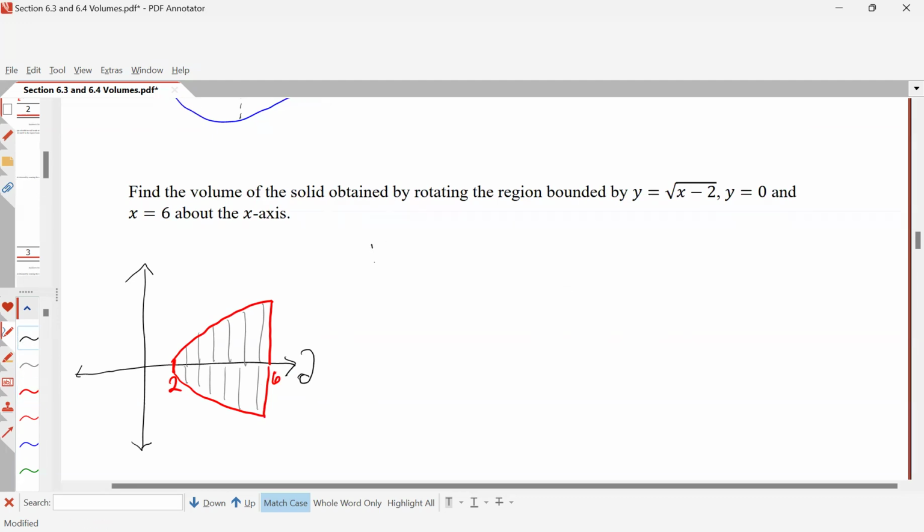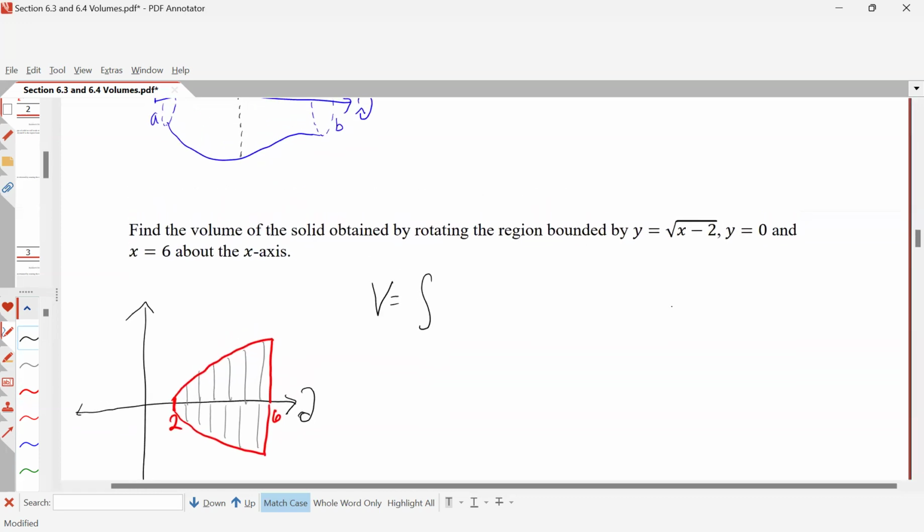Using our formula, the volume is equal to the integral of that function, pi times that function, square root of x minus 2 squared, from where our function started at 2 to 6 dx.